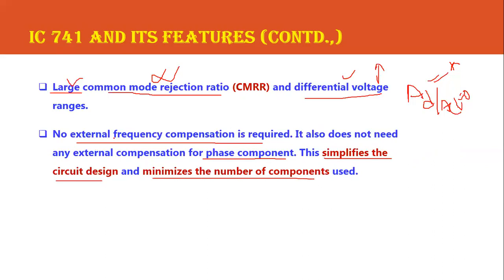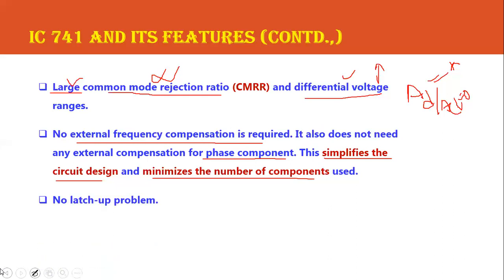As we are not connecting any extra components or extra circuitry for frequency compensation as well as phase compensation, it simplifies the circuit design and minimizes the number of components required. Hence, the size of the circuit will also be reduced, and it makes designing a circuit simpler by using IC741.